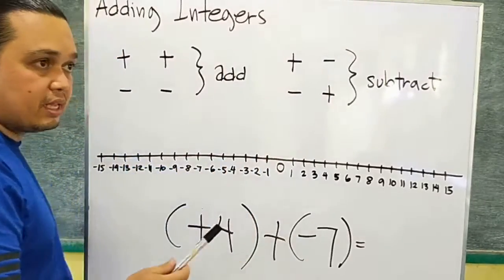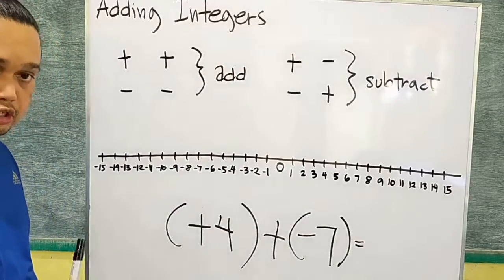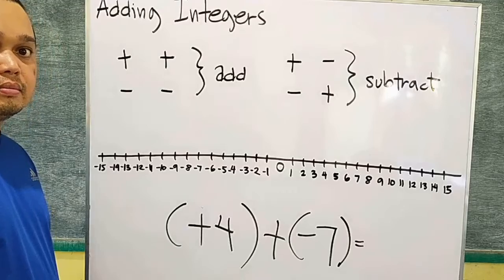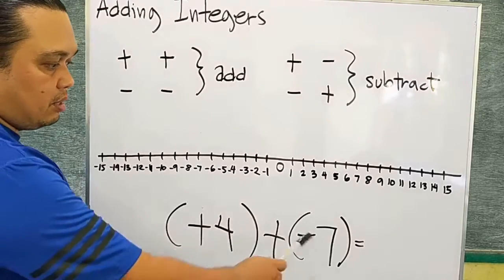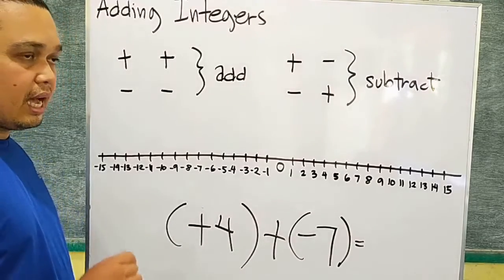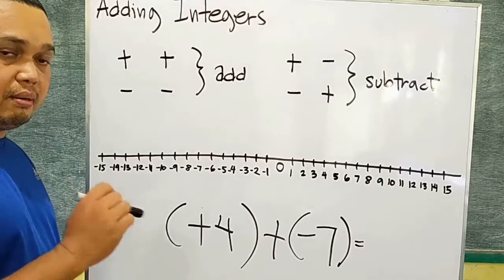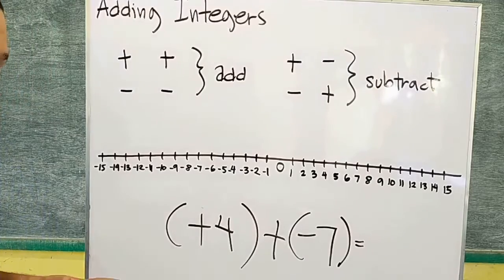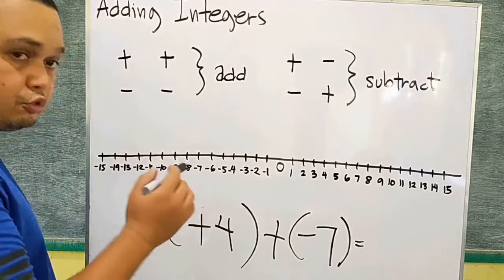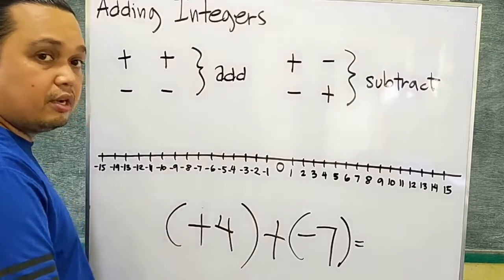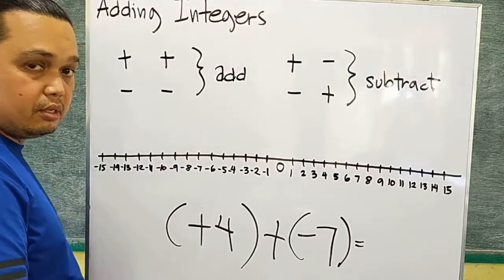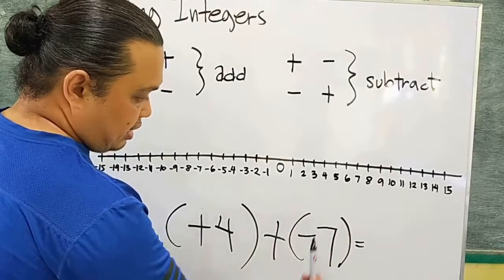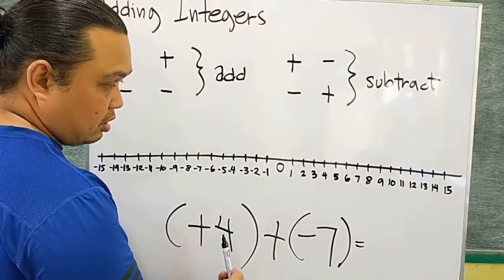So this time, adding unlike integers, we are going to subtract the numbers. Subtract the numbers, then copy the sign of the number that has the greater value. Subtract the smaller number from the bigger number. 7 here is the bigger number, 4 is the smaller number.